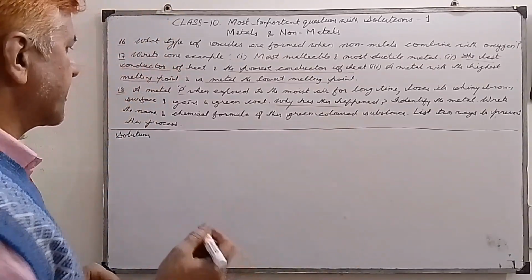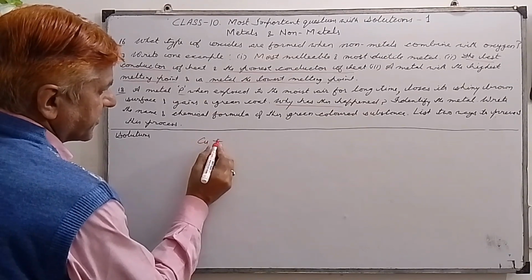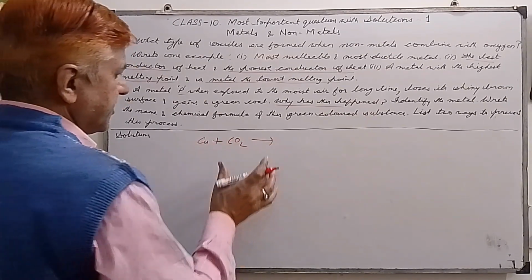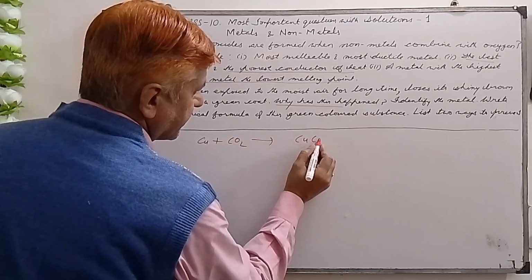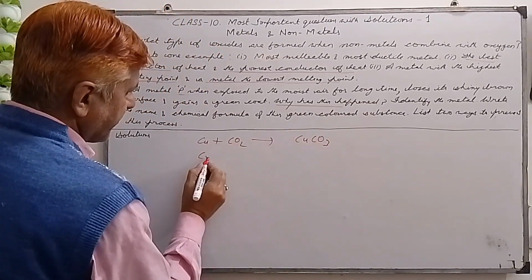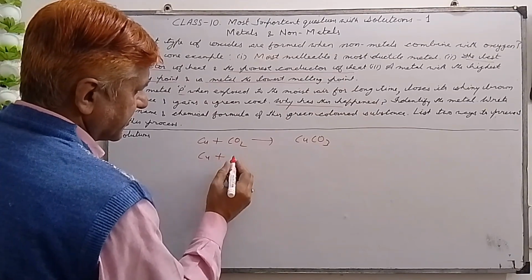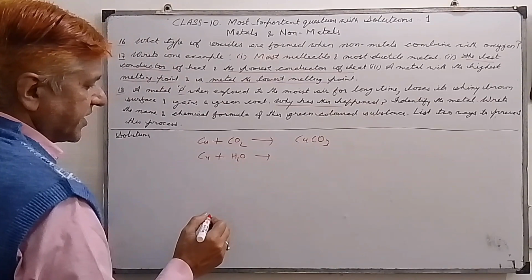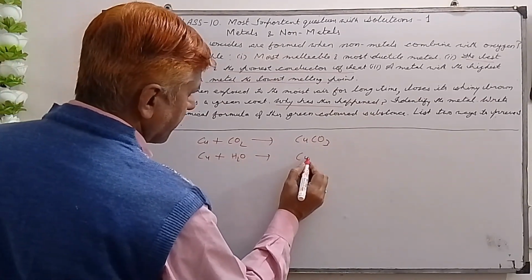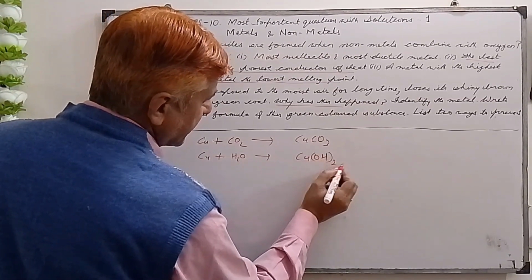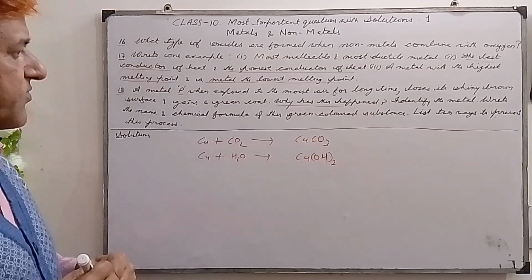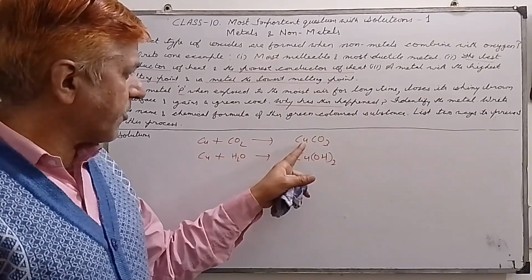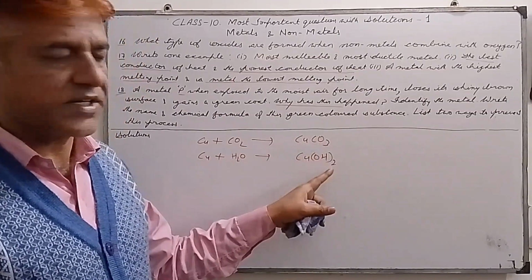Copper combines with carbon dioxide present in air to form copper carbonate, and it also combines with water moisture present in air, so it forms copper hydroxide. So the green color which is formed is a mixture of copper carbonate and copper hydroxide.